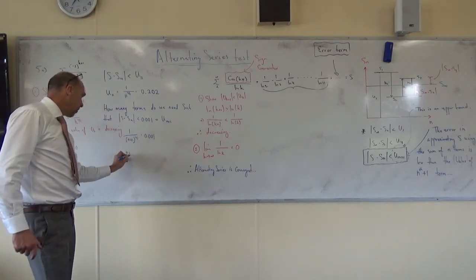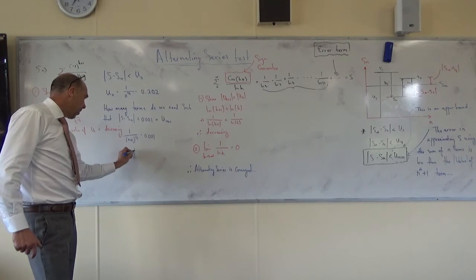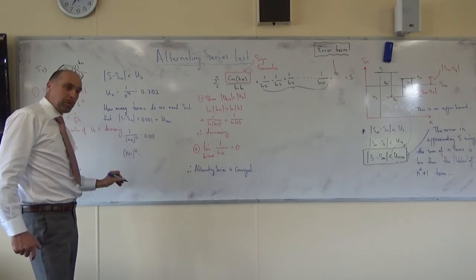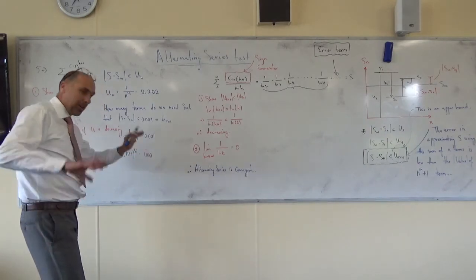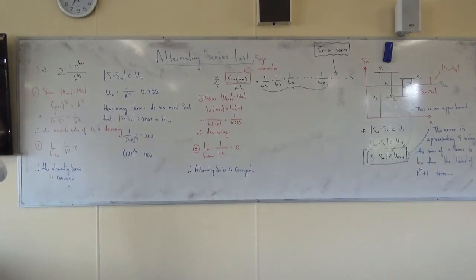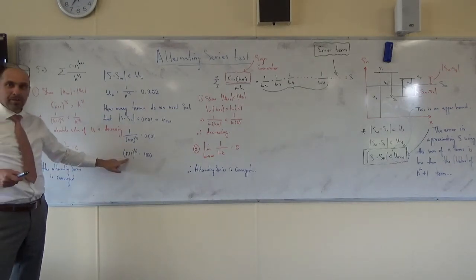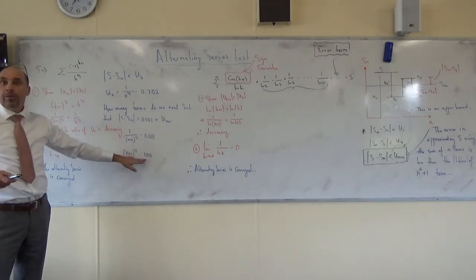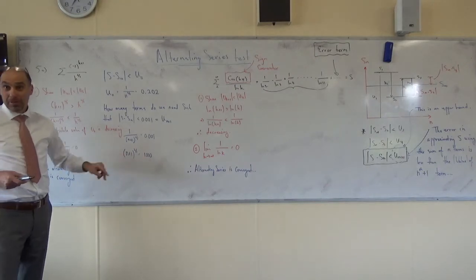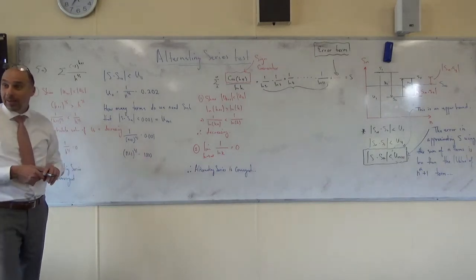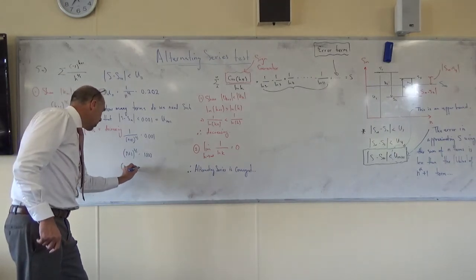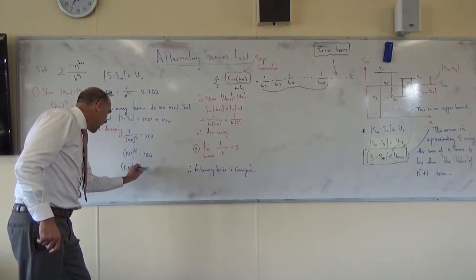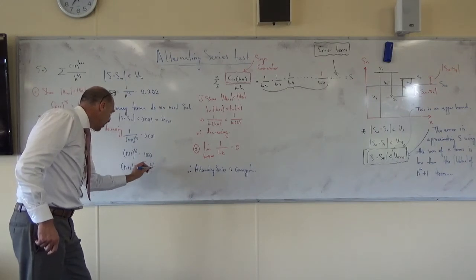So I get n plus 1 to the power of 2/3 is going to equal 1,000. Turn both sides upside down. How do I get this by itself? I need to raise that to the power of 3/2 or 1.5, wouldn't I?